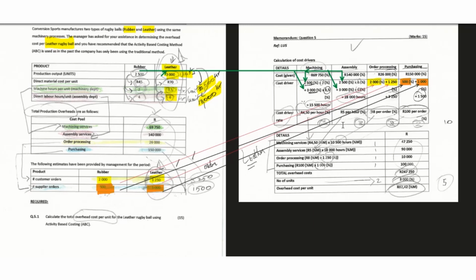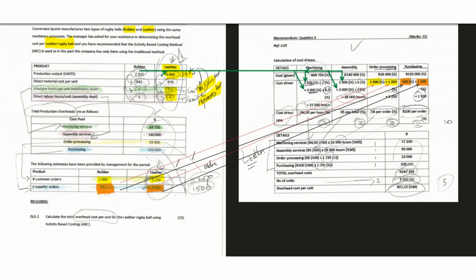So these cost drivers, once we find them, the same is for order processing. As you can see there, we can calculate the order processing for the rubber and the leather. When we add them up together, we find that it's 3,250 orders, not hours, sorry, orders. For the supplier orders, we found that it's 500 plus 1,000, which is 1,500 supplier orders, right?